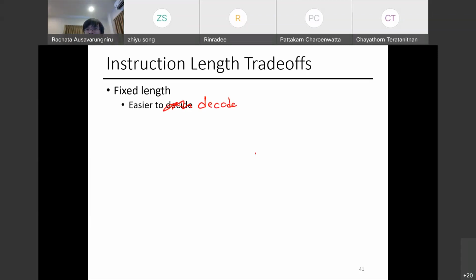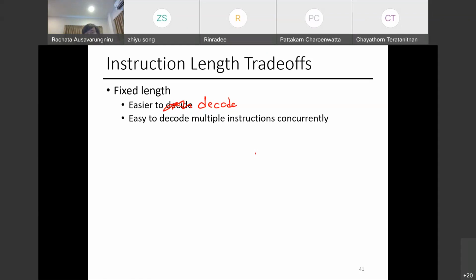Easier to decode. And on top of this, modern CPUs, believe it or not, don't run one instruction at a time anymore. We would run 4 instructions at a time, 5, 6 instructions at a time. So if it's a fixed length, it's easy to grab the next 5 instructions because I know exactly how long they are.